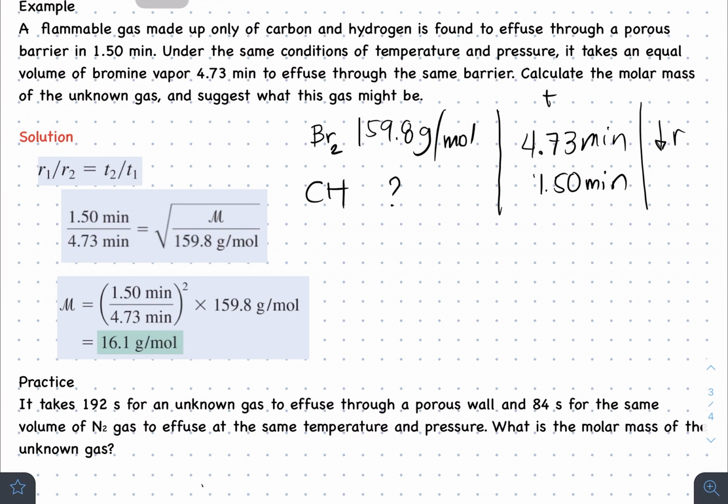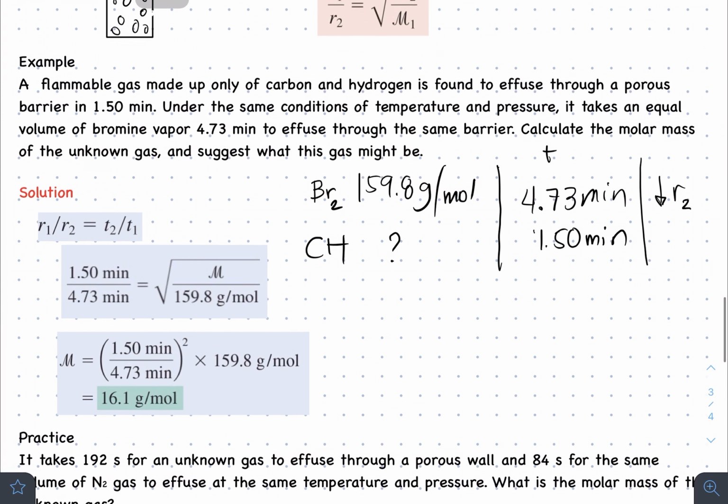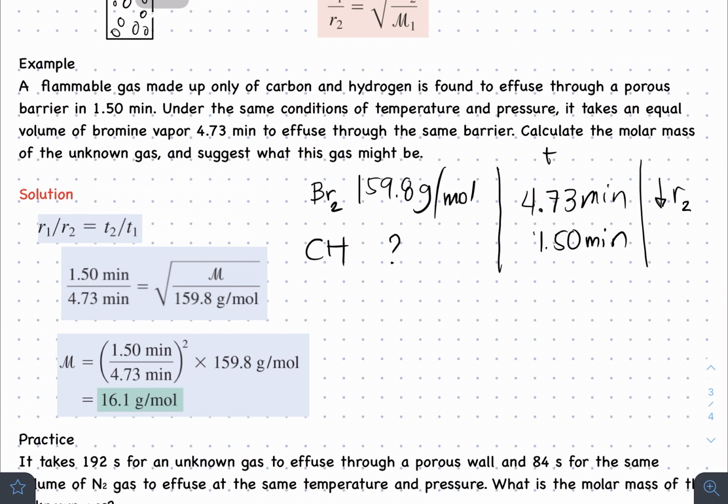On the other hand, the unknown hydrocarbon gas only took 1.50 minutes to effuse, meaning it took shorter time, meaning it is faster. So it has a higher rate.